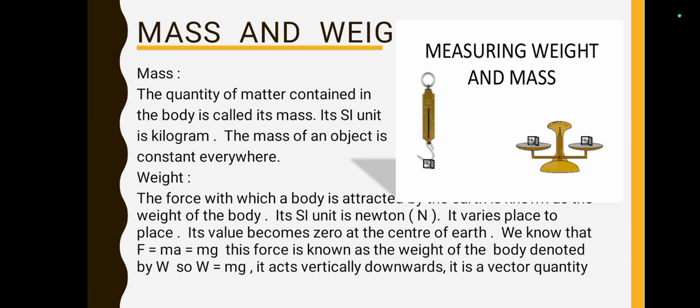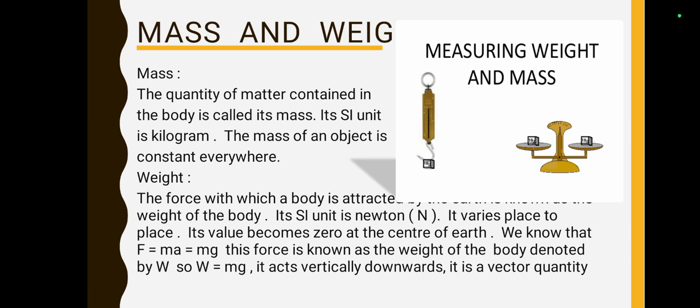Weight is a vector quantity in which a direction is also required along with the magnitude. The SI unit of weight is the same as force, that is Newton. It varies from place to place, and its value becomes 0 at the center of the earth.